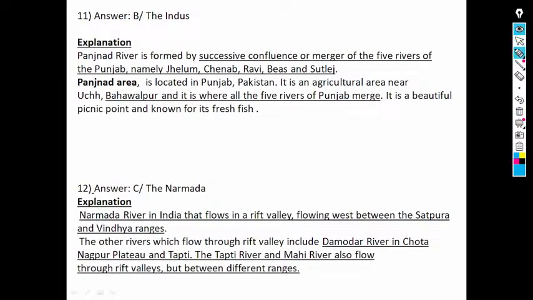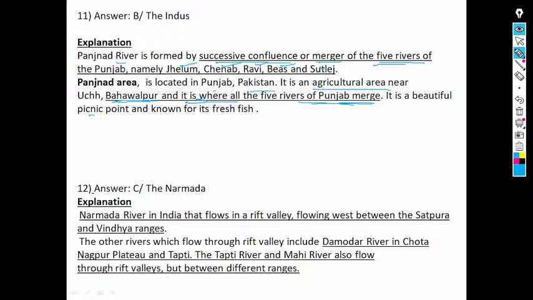Indus, look, the Panchnad is formed by the successive confluence or merger of the five rivers of the Punjab, namely Jhelum, Chenab, Ravi, Beas and Satluj. The Panchnad area is located in Punjab, Pakistan. It is an agriculture area near Uch, Bahawalpur, and it is where all five rivers of the Punjab merge.